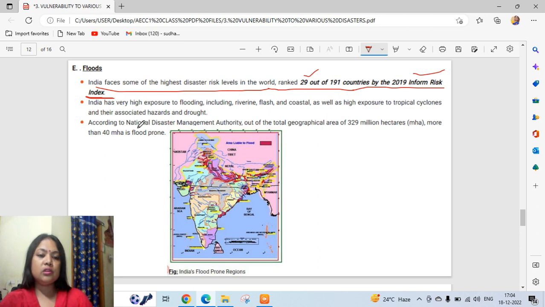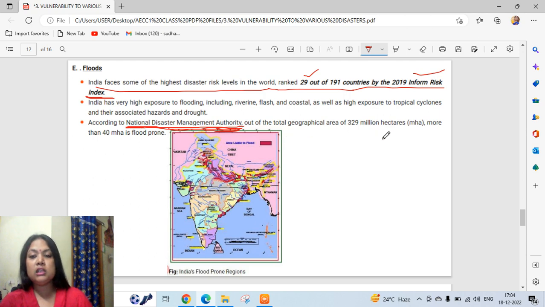So according to the National Disaster Management Authority, there is one authority known as NDMA. It is there in your next unit. We have to learn it completely, not in this unit, in the next class of unit 3. So you will learn in detail about this organization, that is National Disaster Management Authority, abbreviated as NDMA.